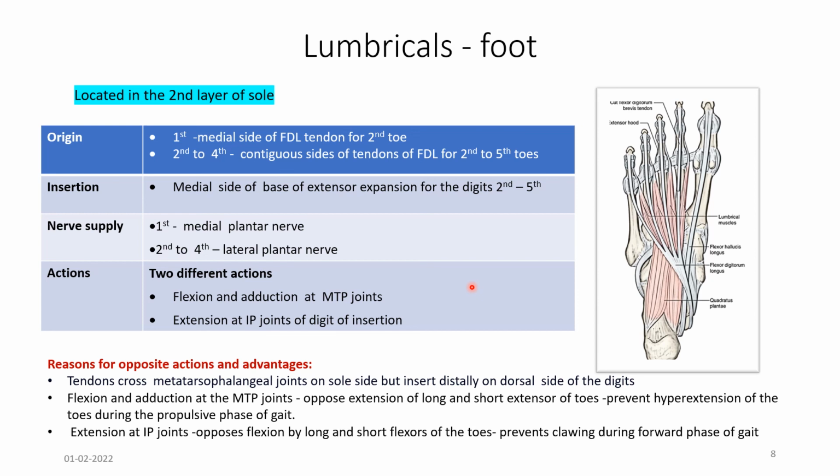That's why they prevent clawing of the digits during the forward phase of gait. So the lumbricals facilitate proper propulsive gait in the lower limb. Now you have understood about the lumbricals both in the palm of the hand and sole of the foot.